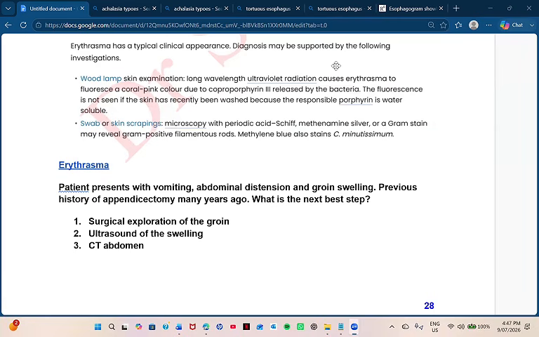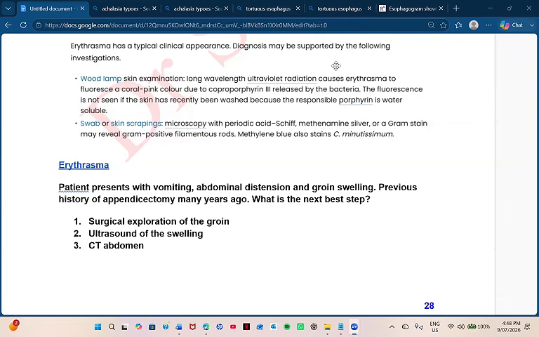Now, if the stem is given differently, with vomiting, abdominal distension, and a painful groin swelling that is irreducible, with red skin and local tenderness, that is an emergency.